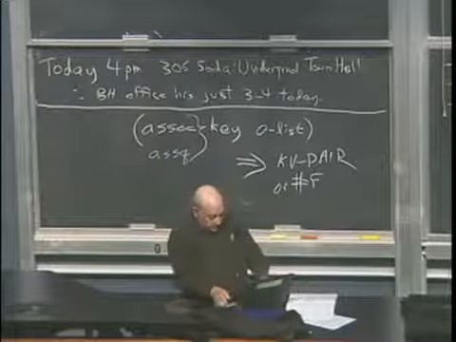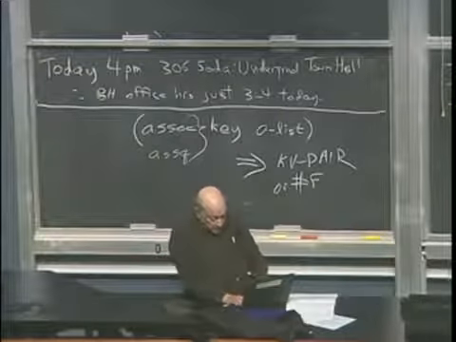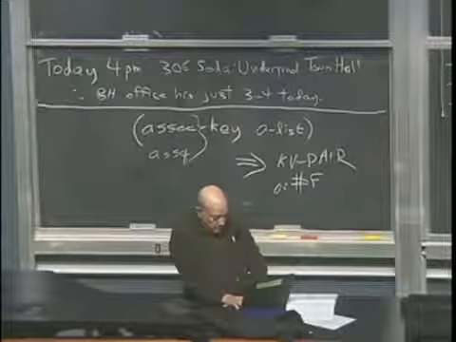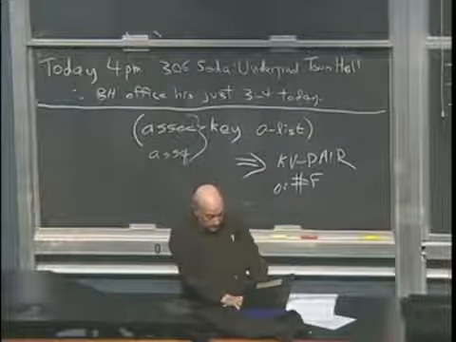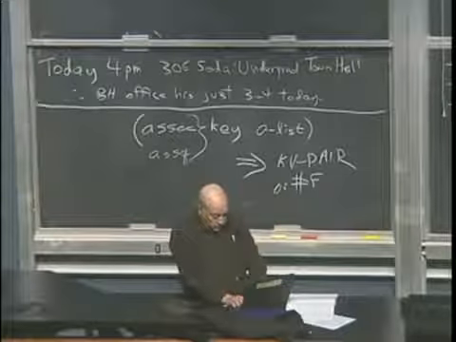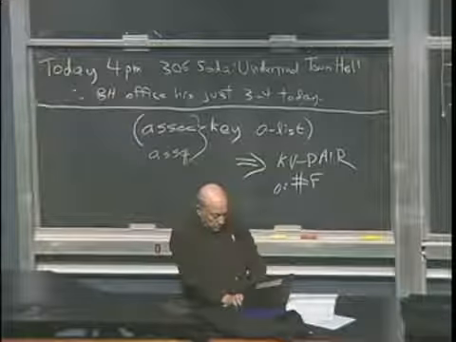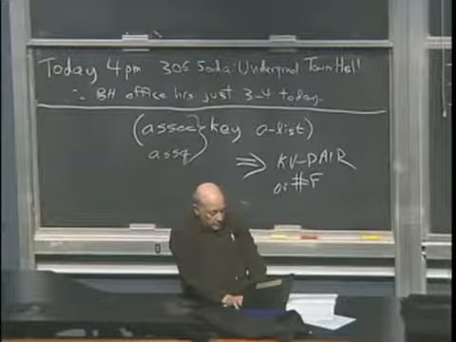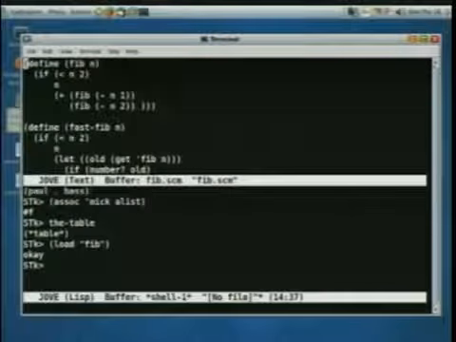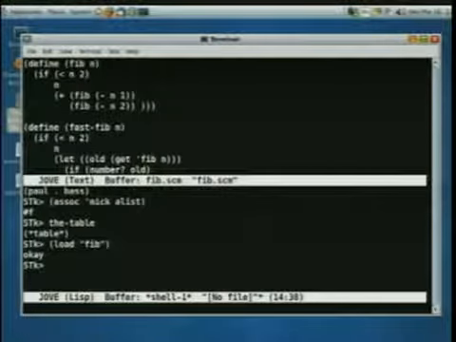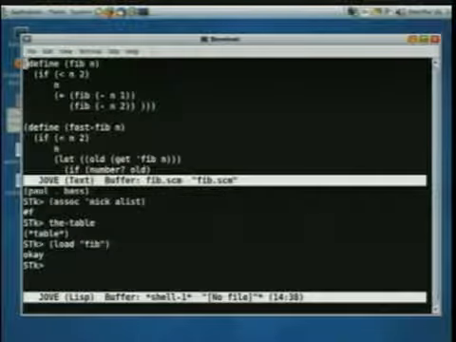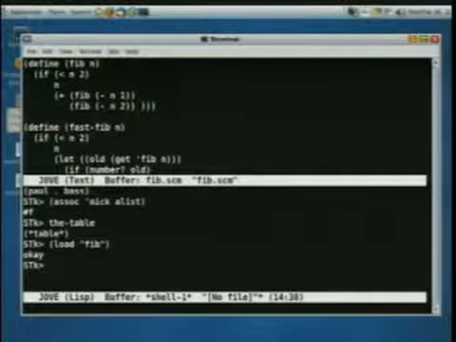But let's look at fib.scm. So what we have up here, the first procedure, fib, is the simplest, most straightforward possible way to implement Fibonacci numbers.